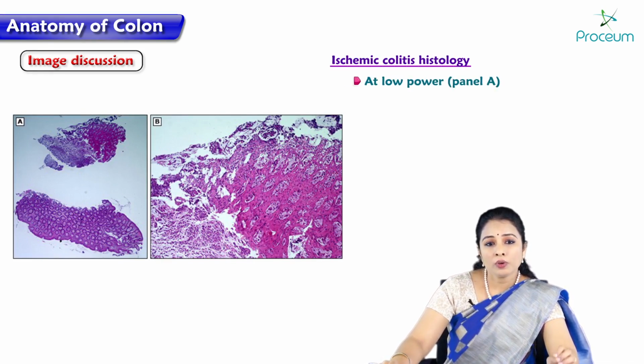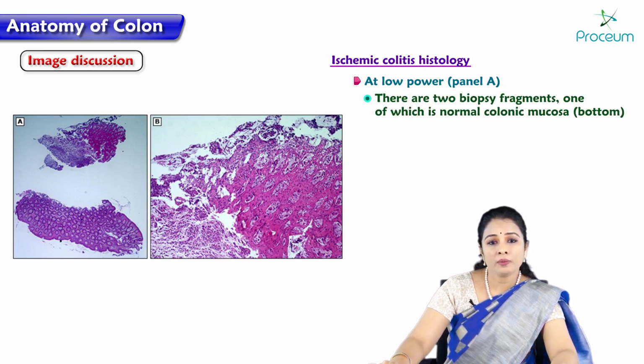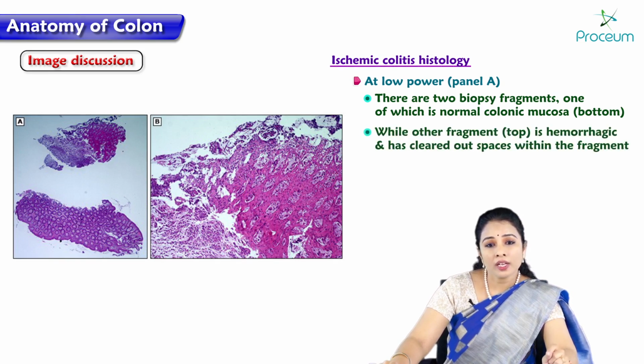And here is a histology of ischemic colitis. In panel A, there are two biopsy fragments, one of which is normal colonic mucosa, the bottom one, while the other, the fragment on the top, is hemorrhagic and has cleared out spaces within the fragment.